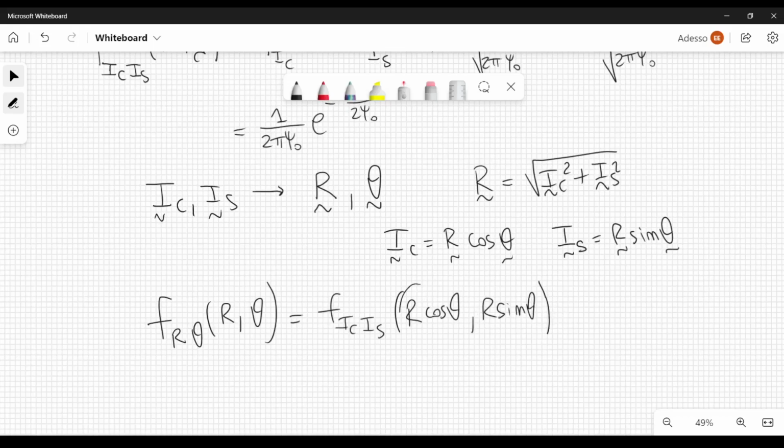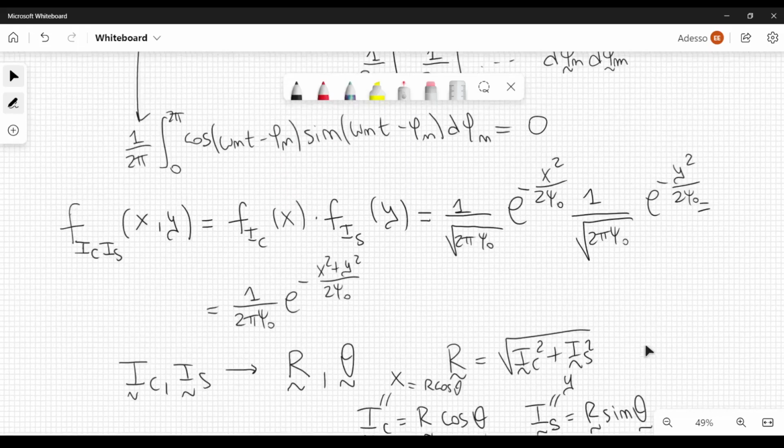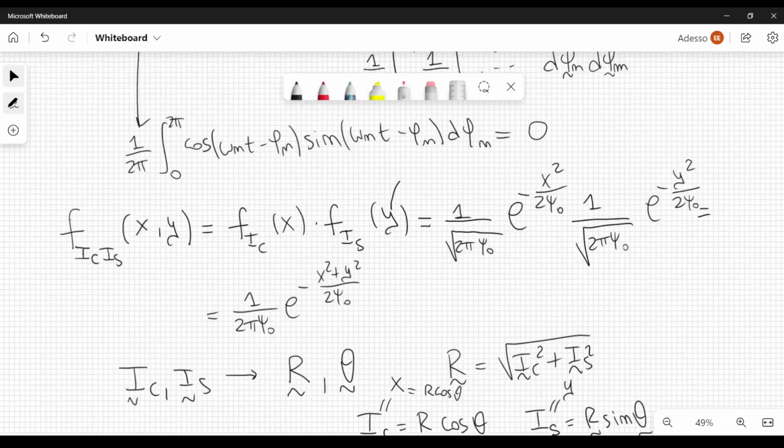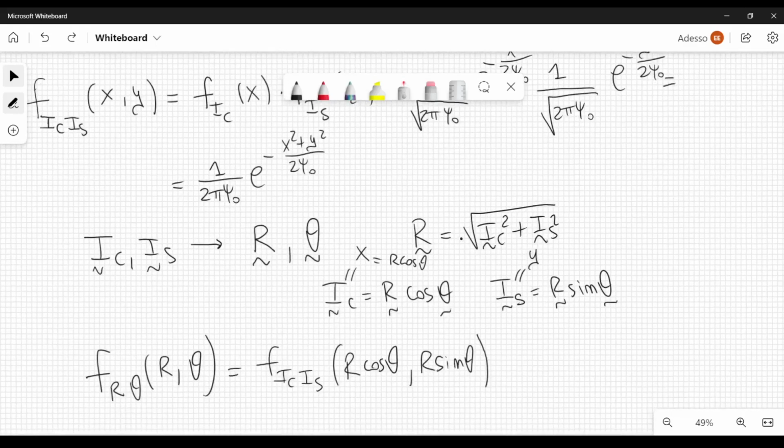So I have to substitute these values. So it means that IC, which takes the value x, will be equal to r cosine theta, and IS, which takes the value y. Remember that we have substituted y here. Y will be equal to r sine theta, like this.